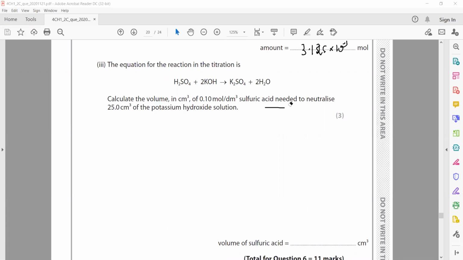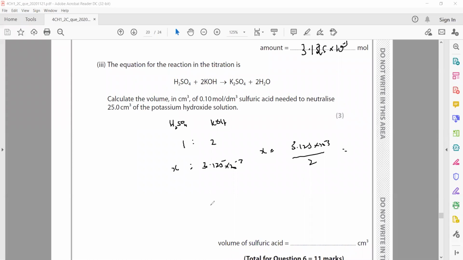The mole ratio between H2SO4 and potassium hydroxide is 1 is to 2. So X will be equal to 3.125 into 10 to the power minus 3 divided by 2. We'll get the moles of sulfuric acid.